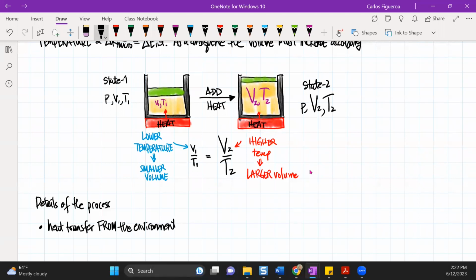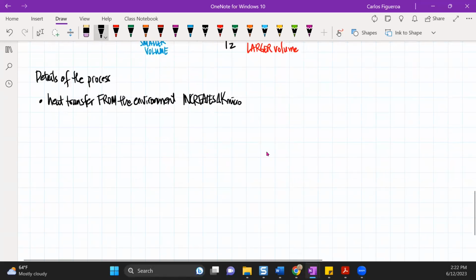What does that mean? Heat from outside the gas increases K micro. And I should be careful. I should say delta K micro. But now, if I start to look at the details of the gas, what do I see here?